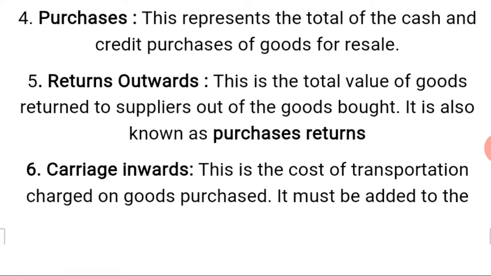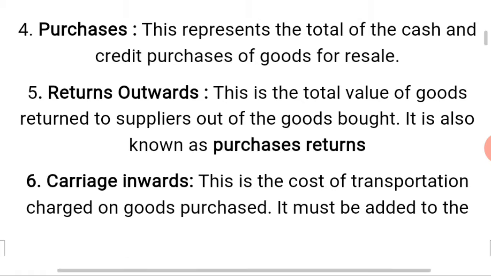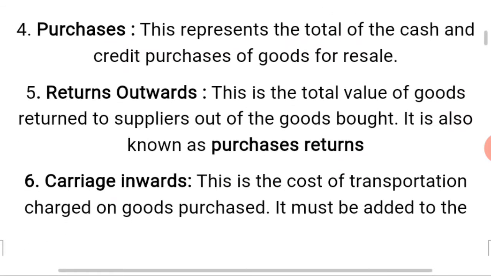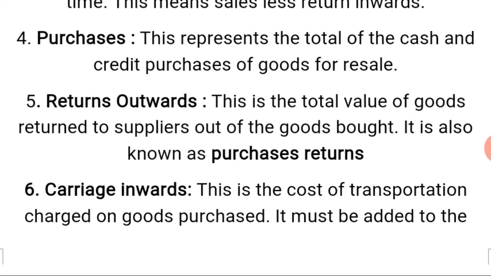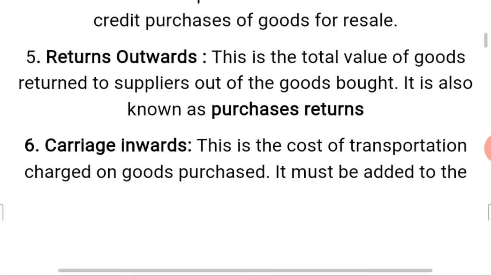Purchases represent the total of the cash and credit purchases of goods for resale. When you are talking about purchases, we are talking about the goods bought by the business to be resold, and it includes both cash and credit purchases.